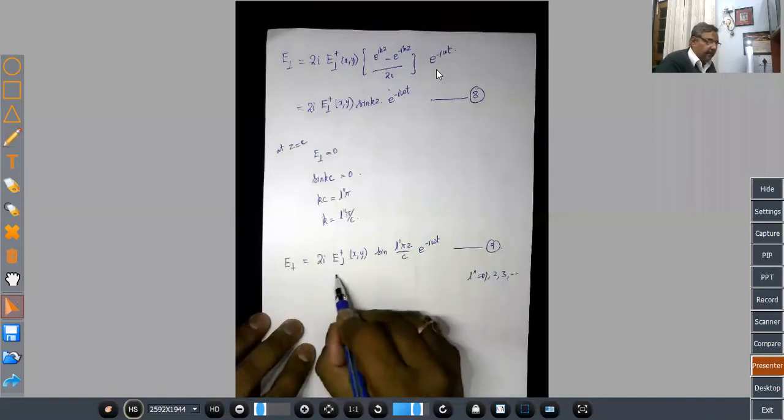Now I will substitute the value of E perpendicular, which was equation 5.